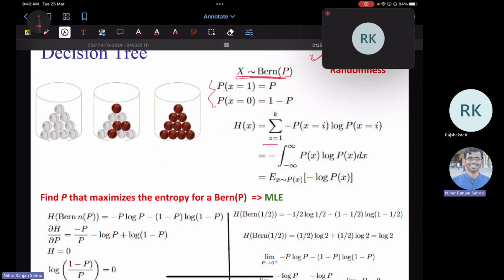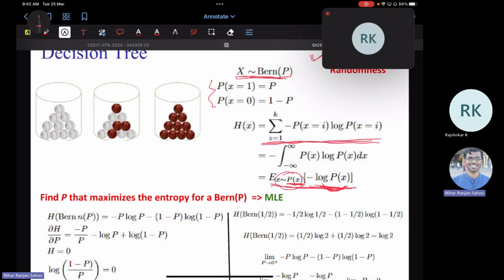So what's the formula of entropy? If x is taken from the distribution p(x), entropy says what's the negative log likelihood of each probability term, right? But we don't know the true distribution, as we have already discussed. We always compute the probabilities from the sample distribution.